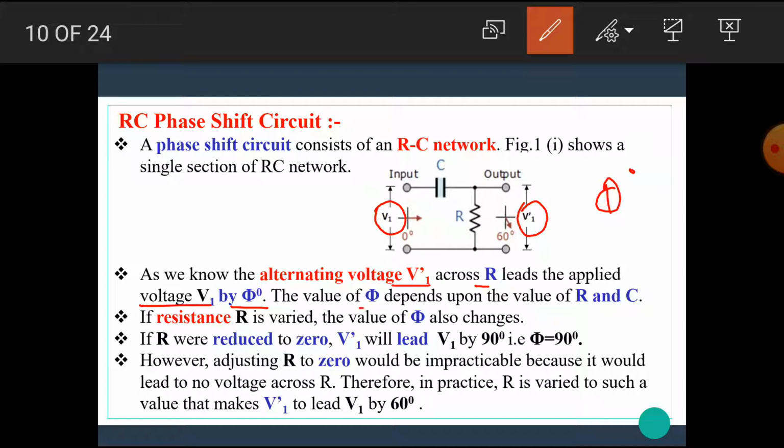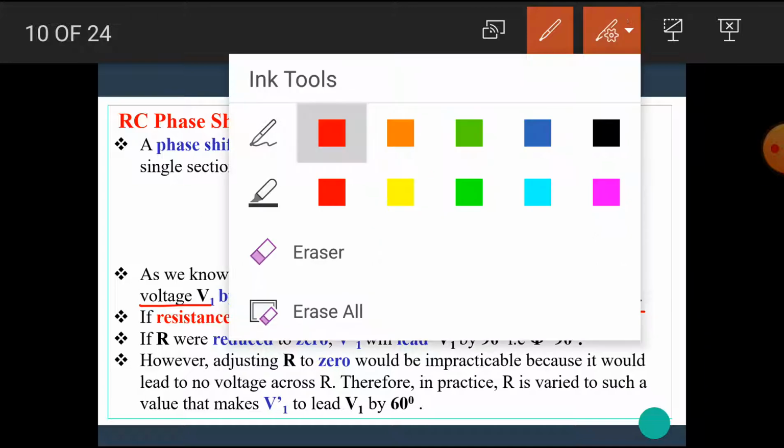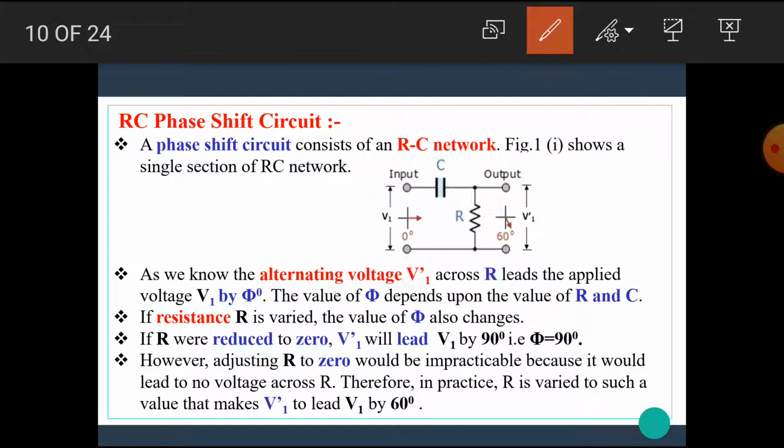Okay, the value of phi, that means the value of the phase angle, depends upon the value of the resistor R and the capacitor C. If the resistance R is varied, that means if we change the value of this resistance, then the value of the phase angle phi also changes.